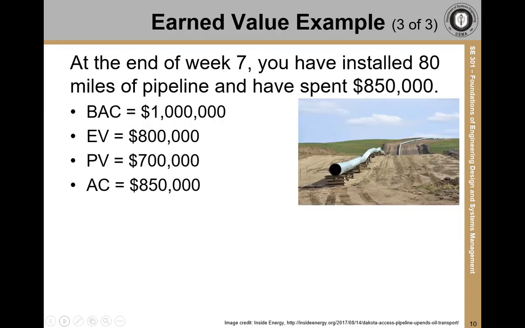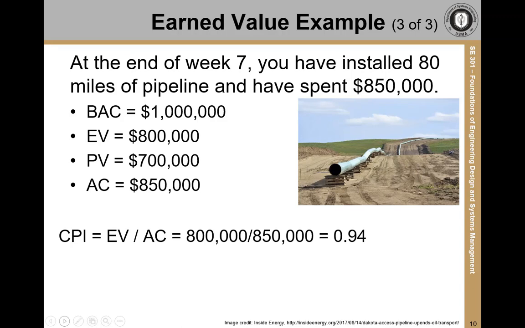Now you want to project forward to the end of the project. How much will it cost to finish based on where you are now? First, we need to determine the cost performance index to see how efficient you've been with your spending so far. By dividing the earned value by the actual cost, we can see that you're generating 94 cents of value for each dollar you spend.